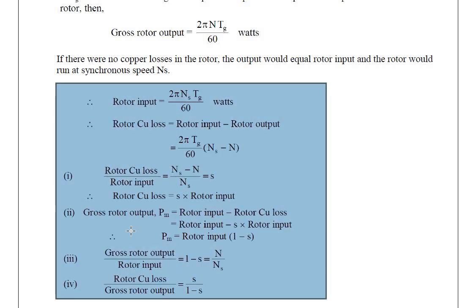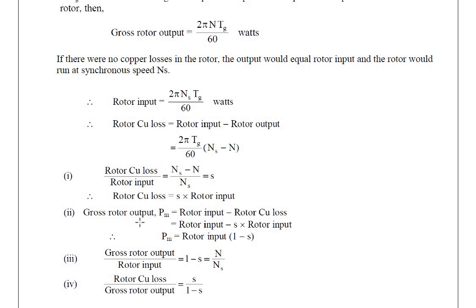Now the second equation is the gross rotor output. Pm is equal to rotor input minus rotor copper loss, and rotor copper loss is given by S into rotor input. So rotor input comes out common, and the gross power output of the rotor Pm is equal to rotor input into (1 minus S).